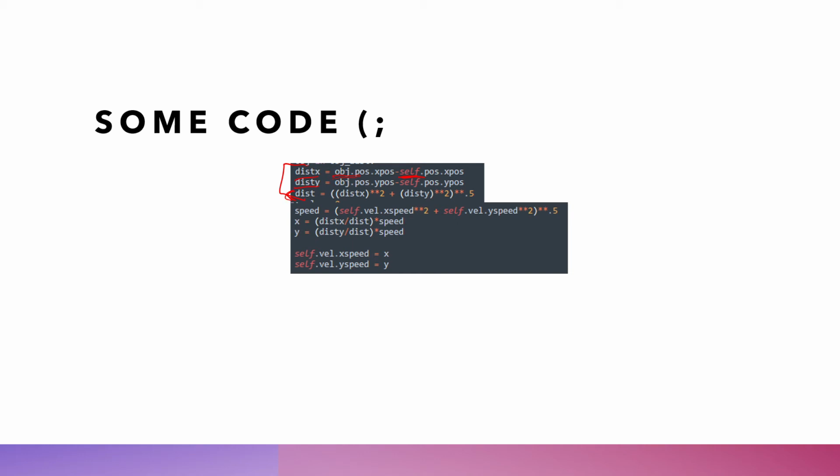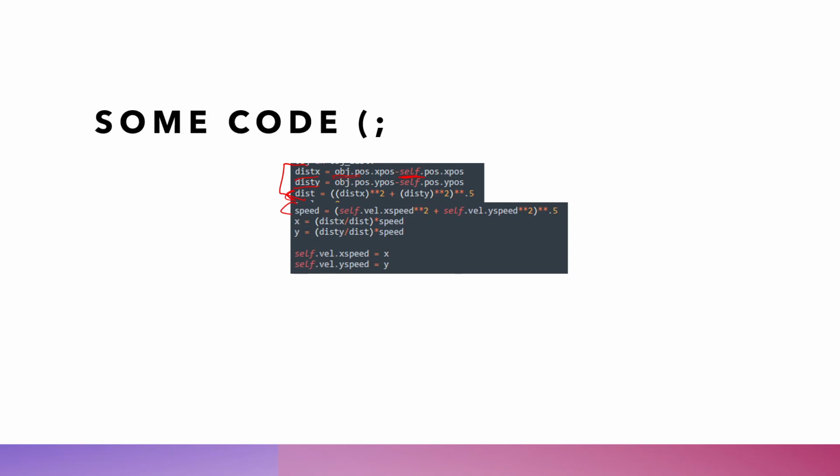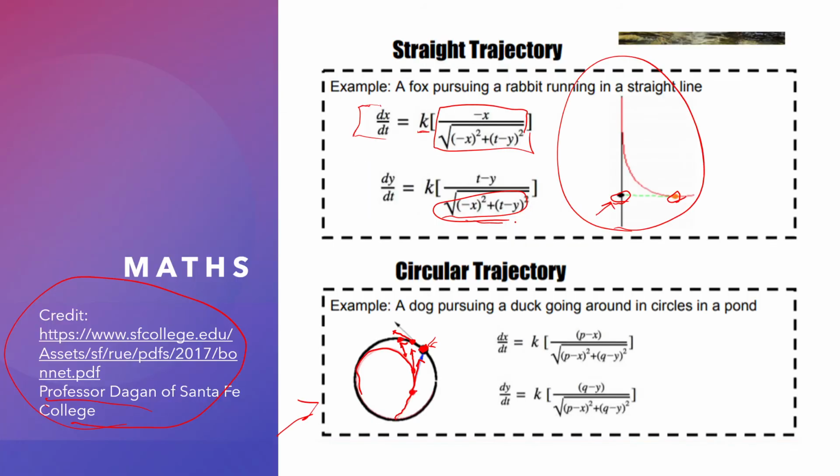And then I find the magnitude of the speed that I'm moving at, because that's that k value. If I go back, that's that k value, so I need to know the speed that I'm moving. And we're assuming that's constant, so I could have stored this some other way, but I wanted to be able to show it here. So I find my speed, and then here I have the distance, and so that's what was on the bottom here, was that distance value.